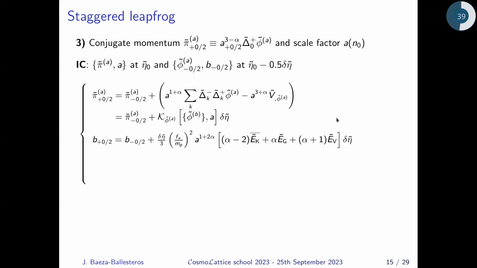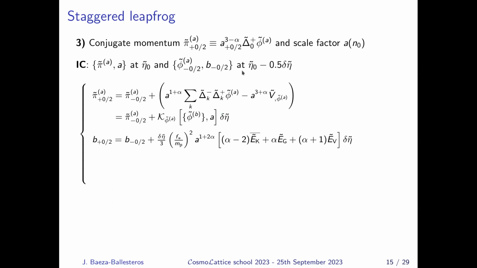What we do instead, the best option, is to define the conjugate momentum having this prefactor here, having this power of the scale factor. And then what we will do is just to solve for the conjugate momentum using this simpler equation.